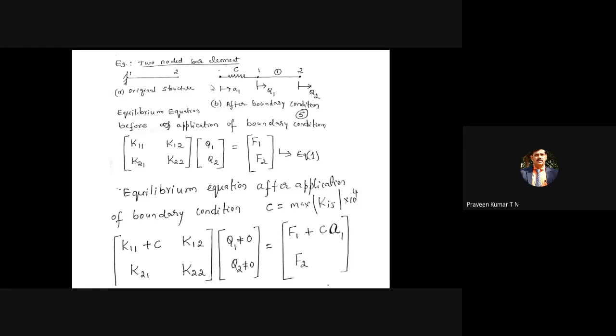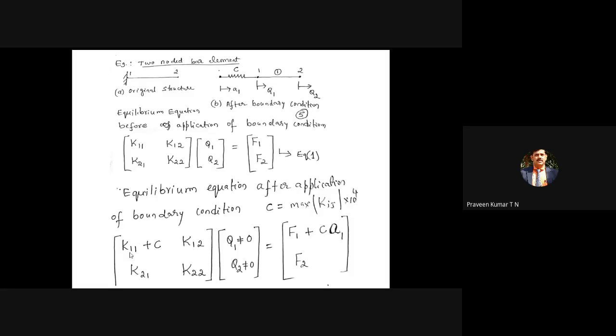To get that small amount of displacement, let it be 0.1 mm, you mount a spring of huge stiffness C. Because of that, you have added an additional spring. This is the original structure, and we have added an additional spring. Because of this, you have to add the additional spring stiffness into the stiffness matrix.